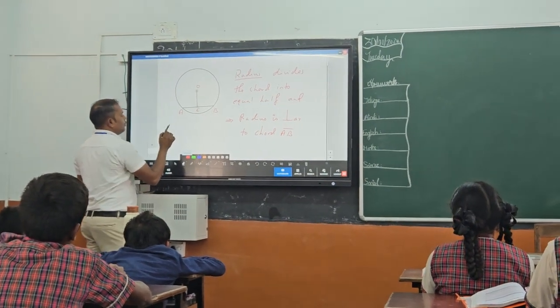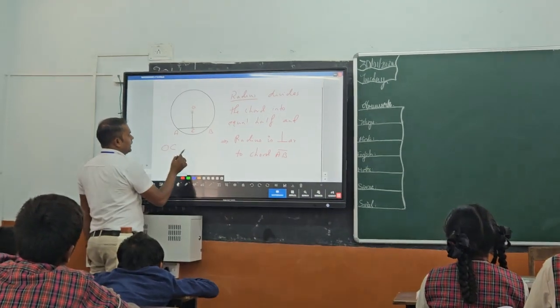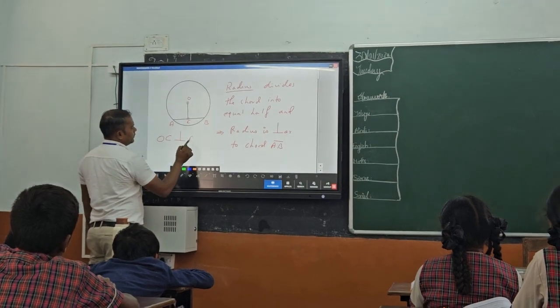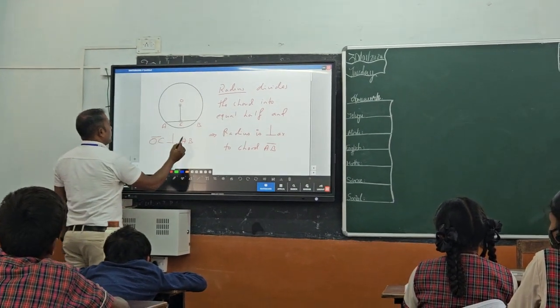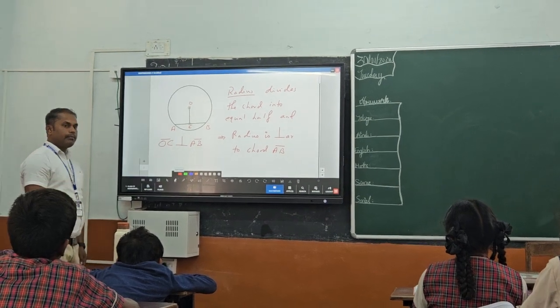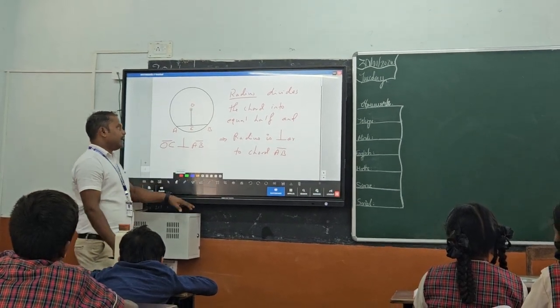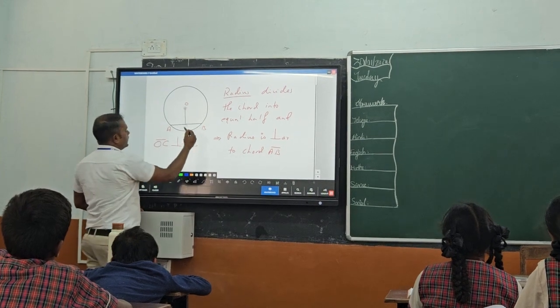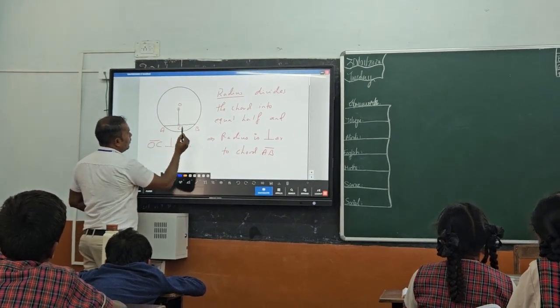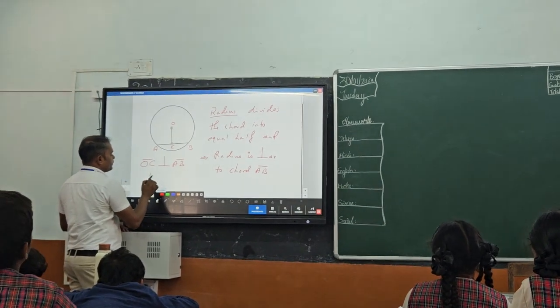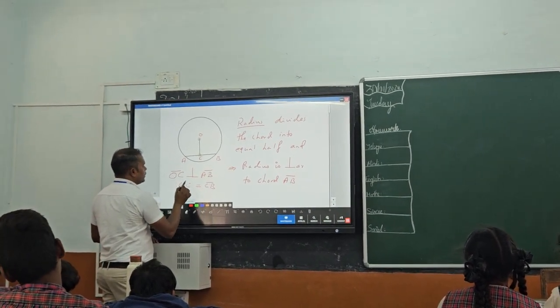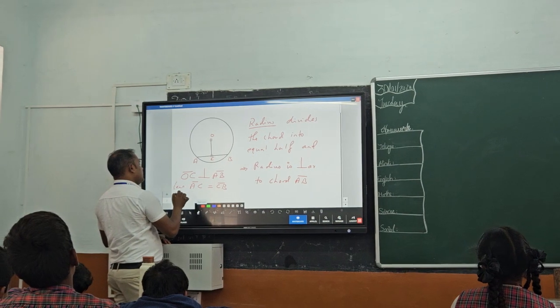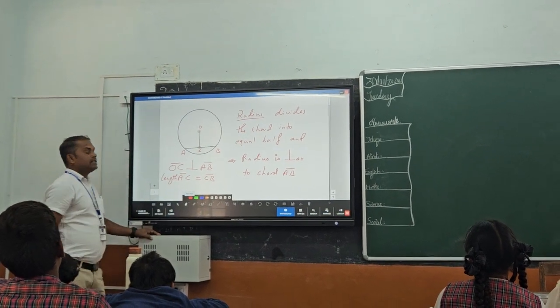So what you can see, radius O-C is perpendicular to chord A-B. This is the second property: the radius is always perpendicular to the chord, and the radius divides the chord. A-B is the chord, which means the length of AC is equal to the length of CB.